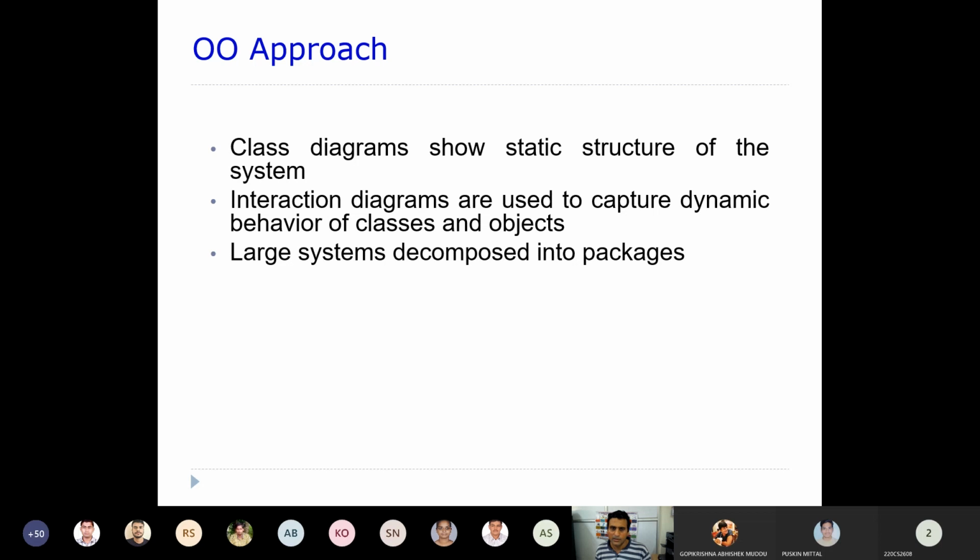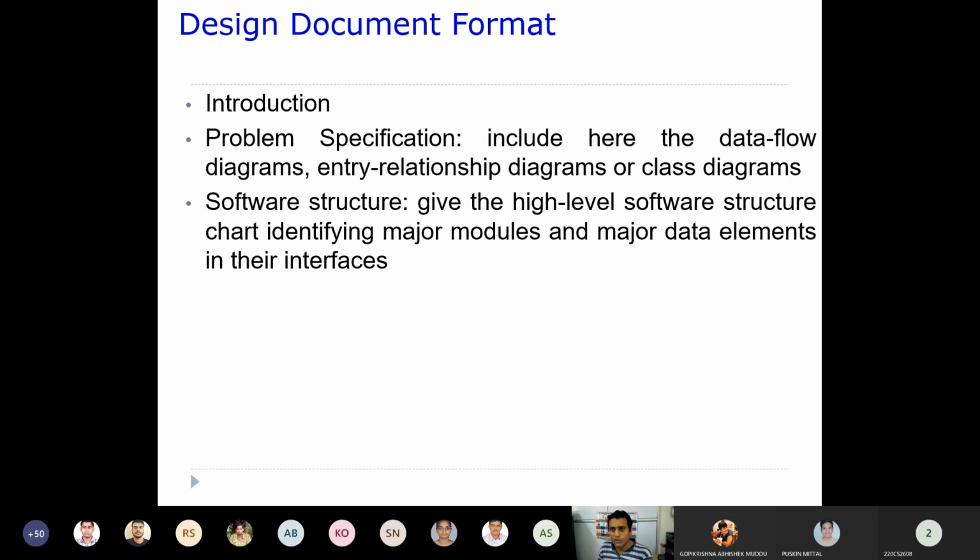If you are talking about any large system, it can be divided into certain packages, and as part of the packages you will have a certain number of classes. So altogether what we are going to see here is a design document, similar to the previous phases.